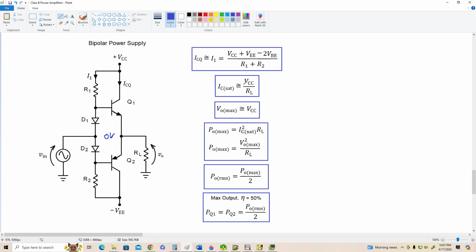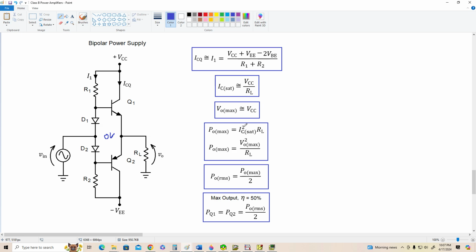IC sat, if Q1 is turned on, is VCC over RL. If Q2 is turned on, it's minus VEE divided by RL, but their magnitudes are the same, so we just go with this equation. VO max is VCC or minus VEE, but again, these are equal magnitude supplies, so let's just go with the positive values.